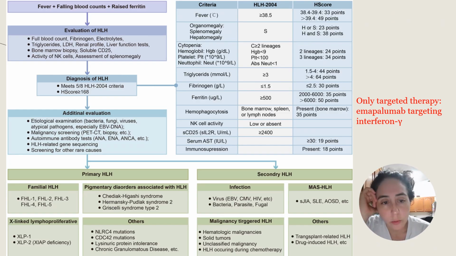Okay, so I don't want to make it too complicated, but pretty much there are a few red flags, like I talked about before, that anyone working in hematology-oncology should keep an eye on. So fever, falling blood counts, and raised ferritin. So three different things. We have a lot of patients with fever. Of course, we think sepsis, we think chemotherapy fever, neutropenic fever.